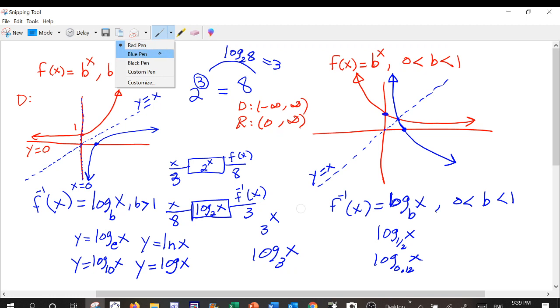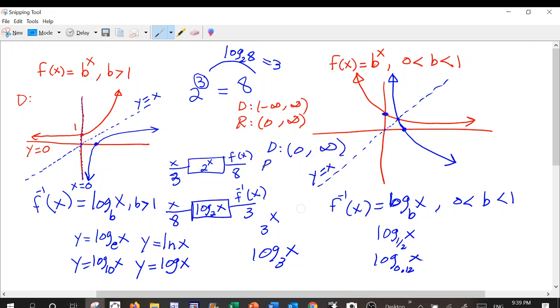Now, for the logarithm function, the blue one, you can look at the graph and easily see the range and domain, but you could also look at this and switch them. So the domain of the blue one is 0 to infinity, as is clear here. It's from 0 to infinity in both cases.